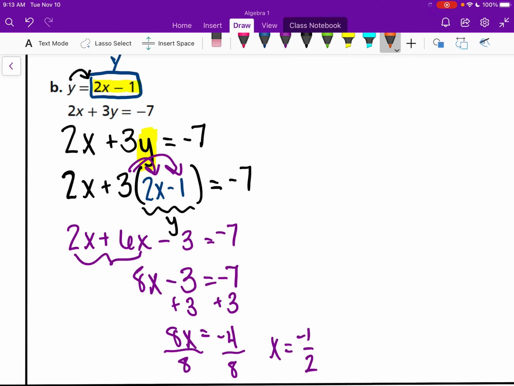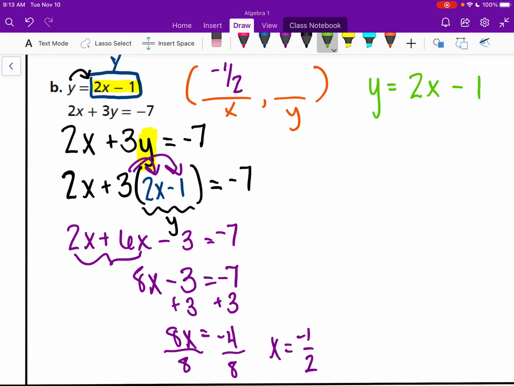So in our answer, where we always have an x comma y as an ordered pair, that is what our answer to a system of equations is always going to look like. If it has an intersection point, it will be an x comma y. The x is negative 1/2, and now we still don't know the y. But the equation that they gave us at the beginning was that y is equal to 2 times x minus 1.